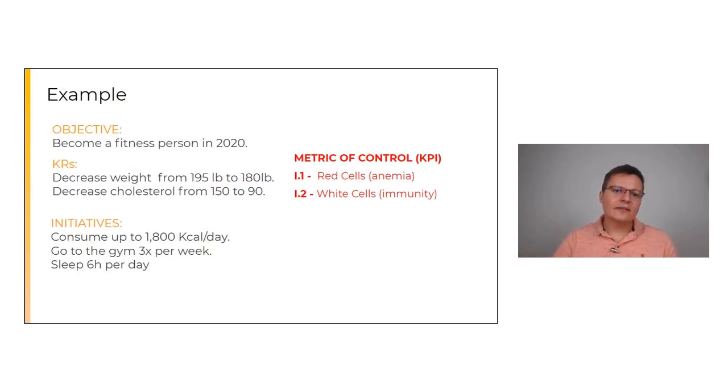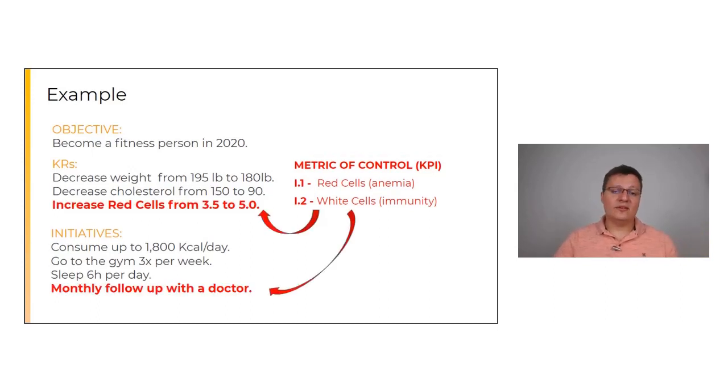So in this case, what can we do to fix this problem? As soon as I notice that my red cells are decreasing, I need to incorporate a new KR: increase my red cells again from 3.5 to 5 to correct this problem.